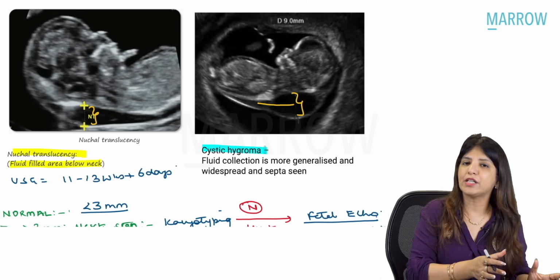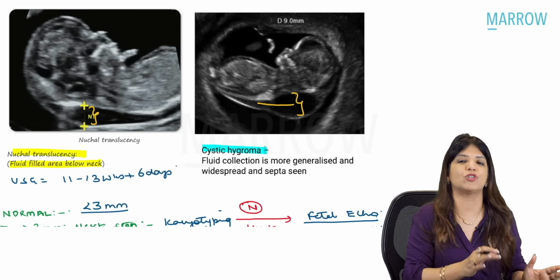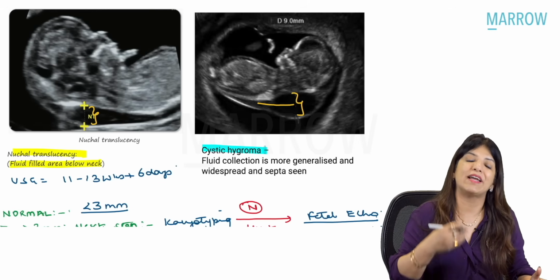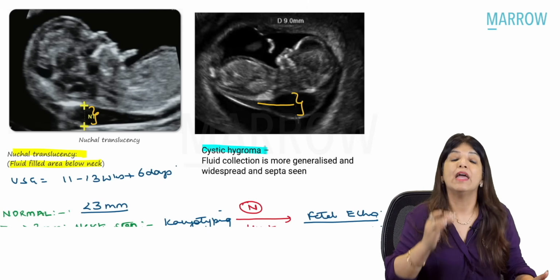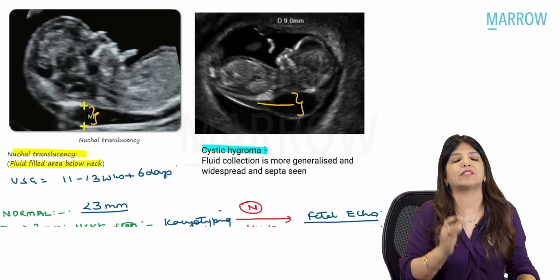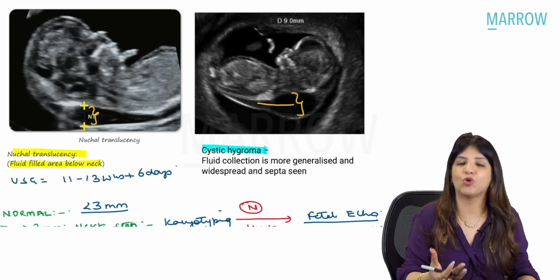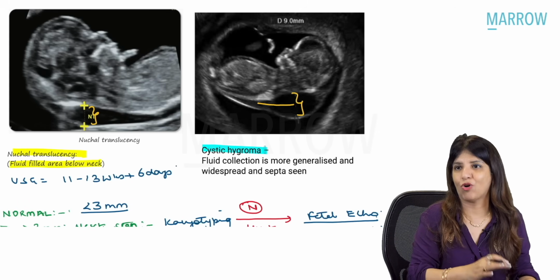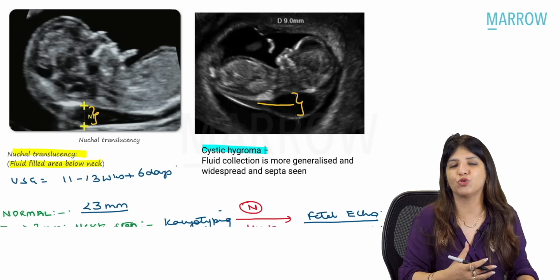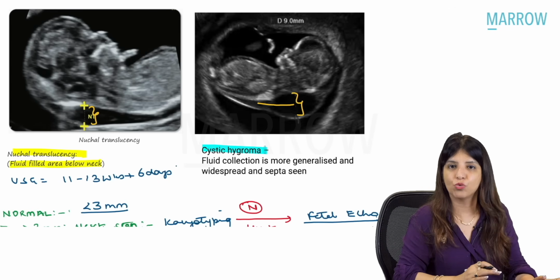So whether I am getting nuchal translucency more than 3 millimeters or whether I am getting a cystic hygroma, my next step has to be karyotyping. And again, cystic hygroma's second most common cause is congenital heart disease. So if I'm getting a cystic hygroma and again if I'm getting karyotyping normal, I have to do a fetal echo. Clear to all of you?